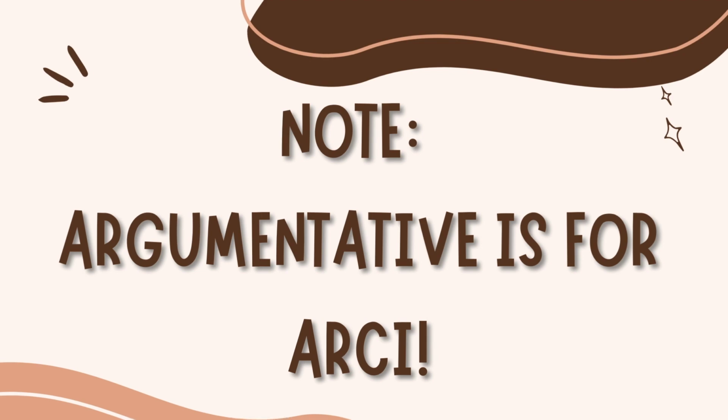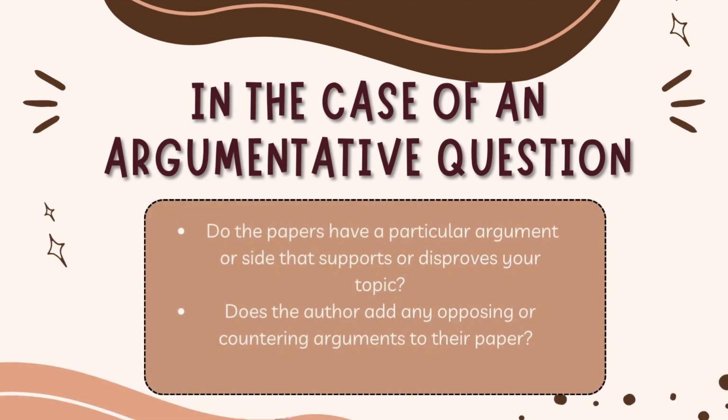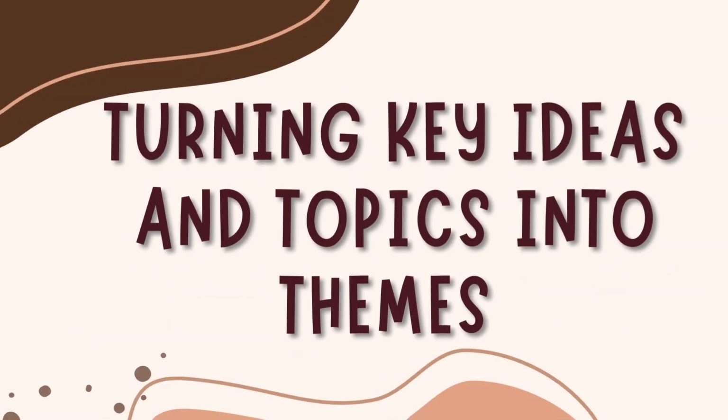I do want to note that argumentative is for ARC 1, but in the case if you're reading for an argumentative question, you could think about, do the papers have a particular argument or side that supports or disproves your topic? And does the author add any opposing or countering arguments to their paper? Now, keep in mind that most of your articles should contain these keywords or ideas, and not all boxes of your theme chart will have evidence that fits a particular theme.